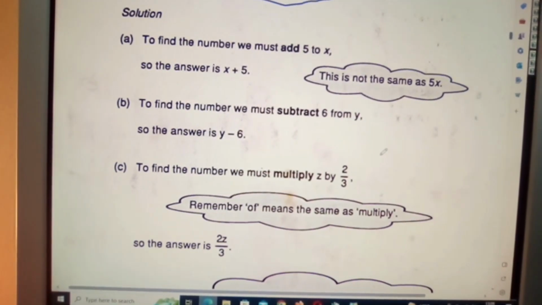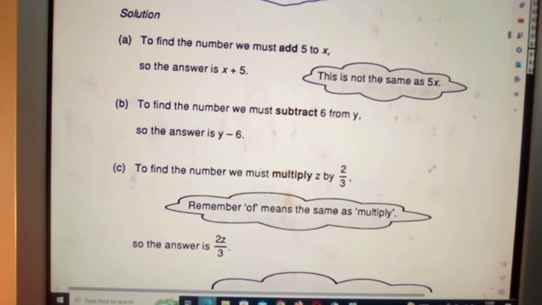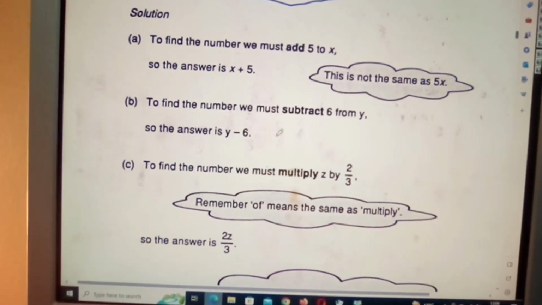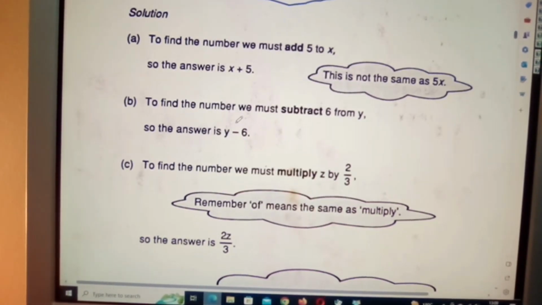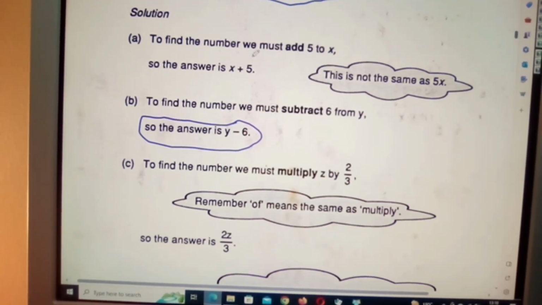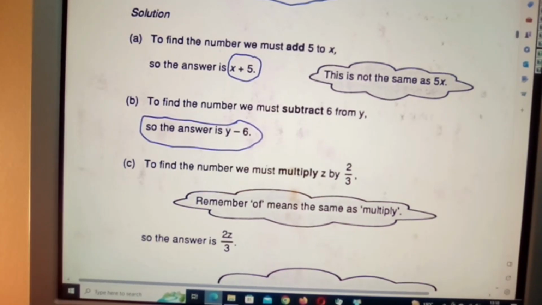To find the number, we must subtract 6 from y. So the answer is y minus 6. And here again, you're seeing that we are already putting in some algebraic terms. Okay, here and here. Okay, we're bringing this into an algebraic term.